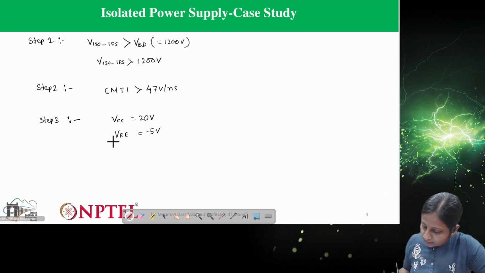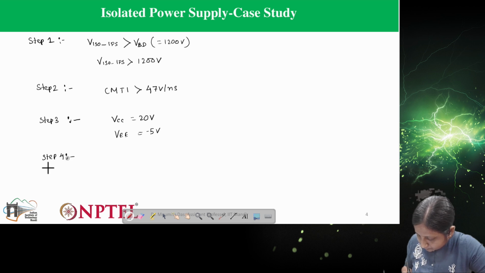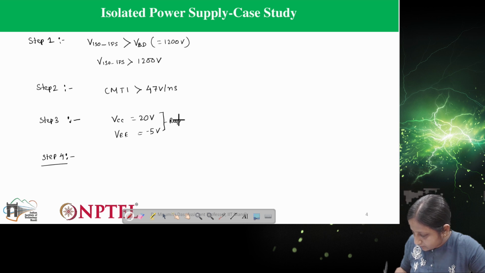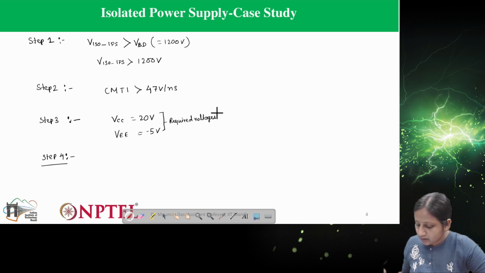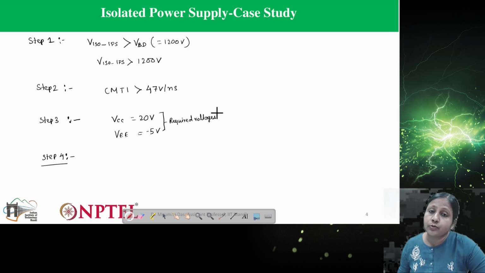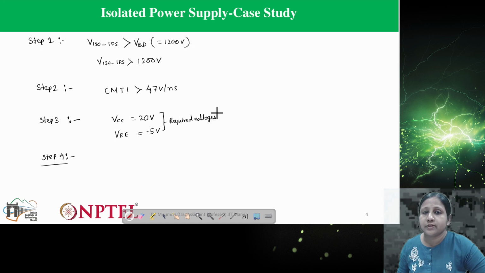So these are the required voltages. Now step 4: what should be the power rating of the isolated power supply.